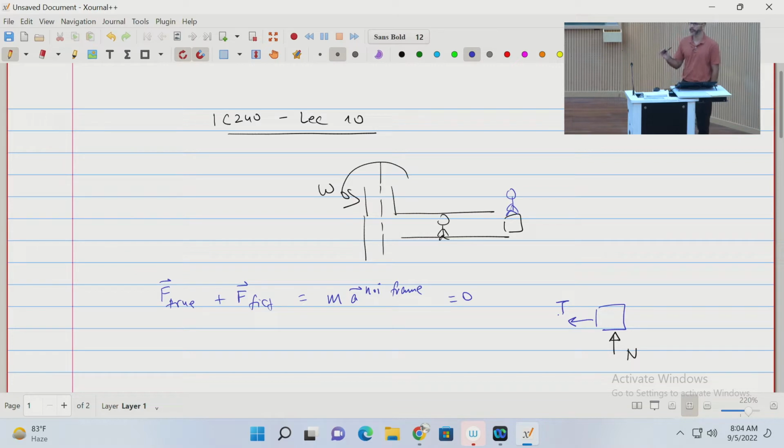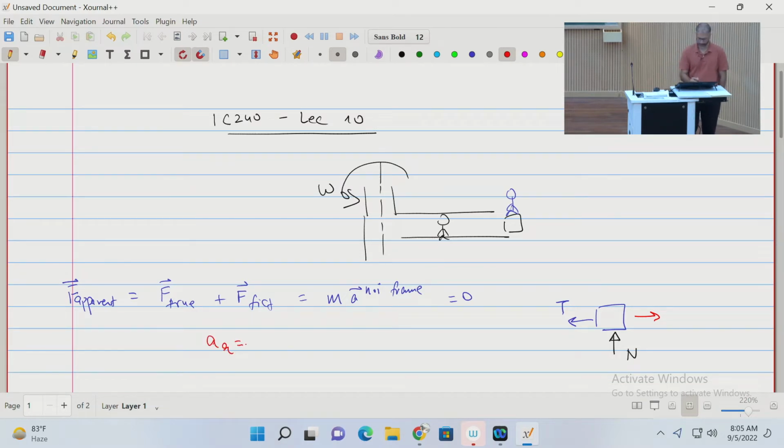Now we have to make sure the apparent force becomes 0. So we have to add, let's use red color for this, a force opposite to tension, right?